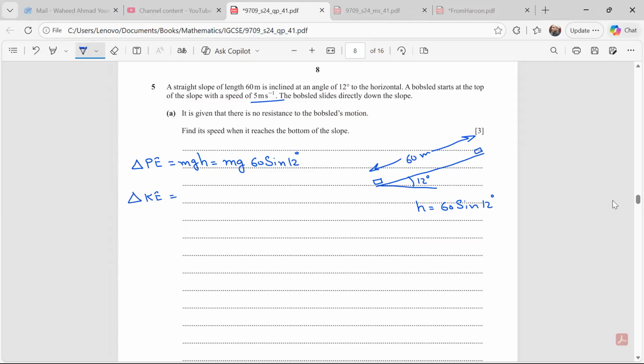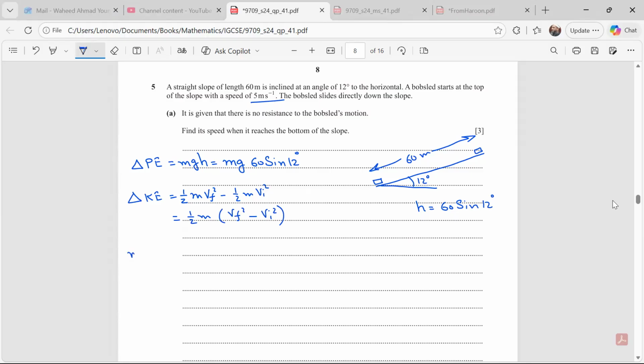It is half m vf squared minus half m vi squared. So we can write it as half m times (vf squared minus vi squared), right? vf is the speed over here, vi is the speed over here. Of course I can put these two things equal to each other.